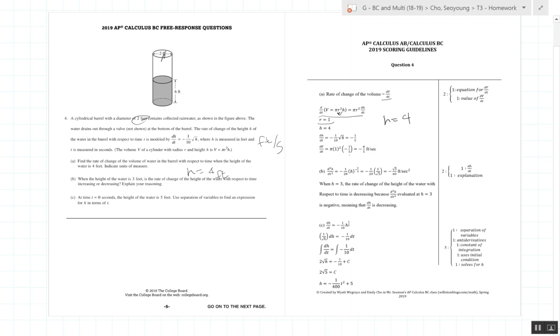And for B, the height of the water is 3 feet, and we have to determine if the rate of change of the height of the water with respect to time is increasing or decreasing.